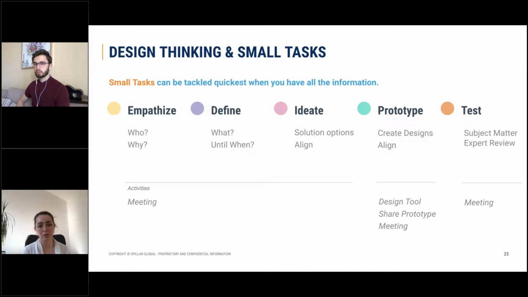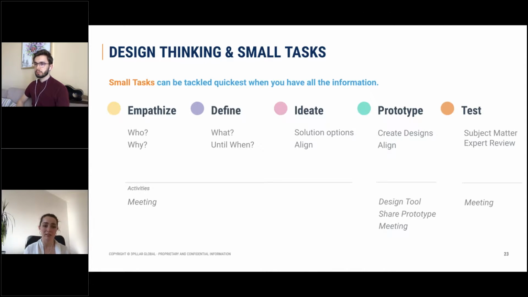We go through the possible solutions, then we align on one, all in a couple of meetings. Then we could start potentially directly into high fidelity design because the solution is very clear.